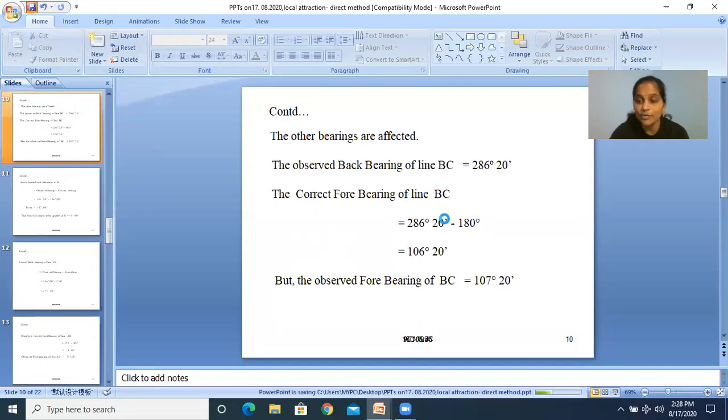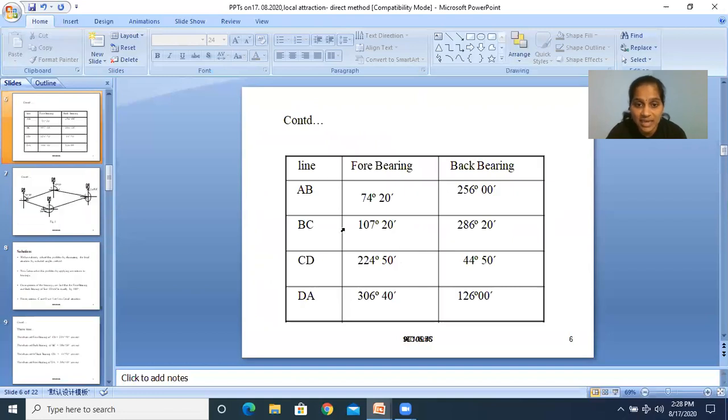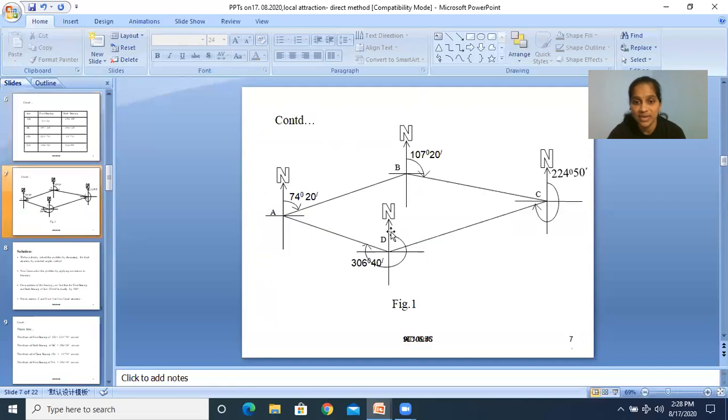This is the correct forebearing of BC line. Then what is the observed forebearing of BC line? 107 degrees 20 minutes is the observed forebearing of BC line. But the actual value of BC forebearing is 106 degrees 20 minutes.